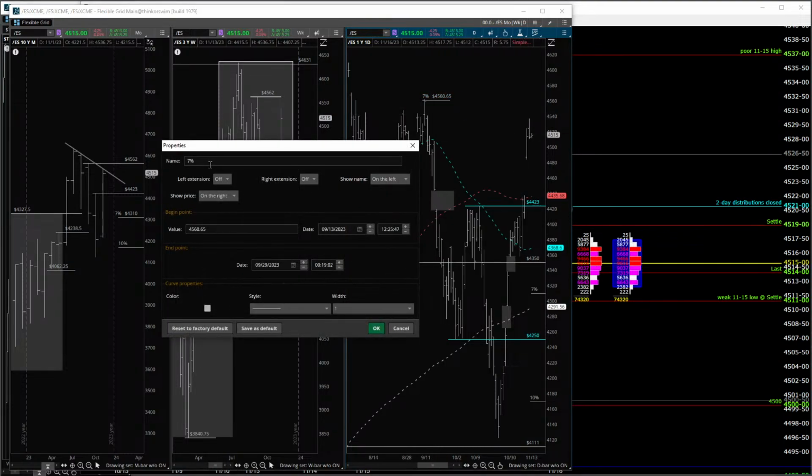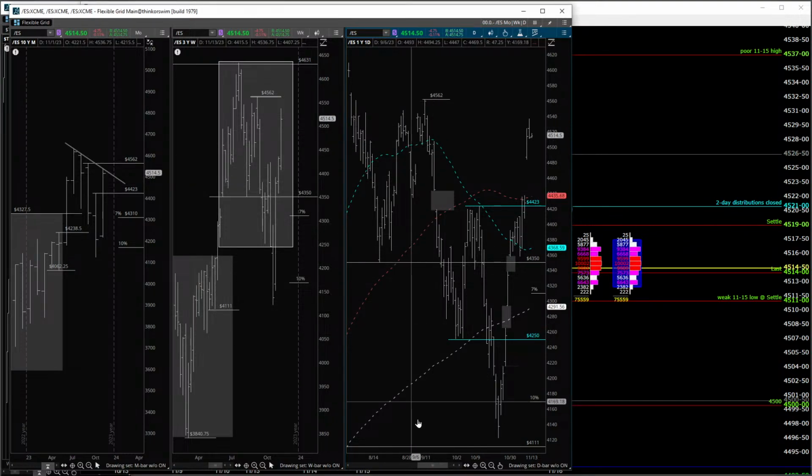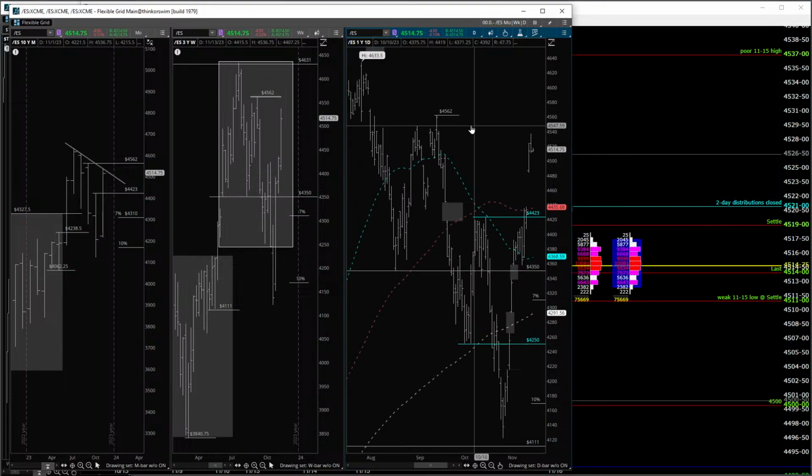Edit properties. Delete 45 62. Name it 4562. Alright, this level is very visible, right?